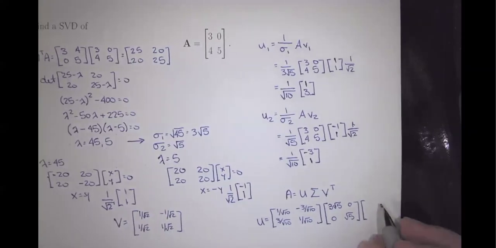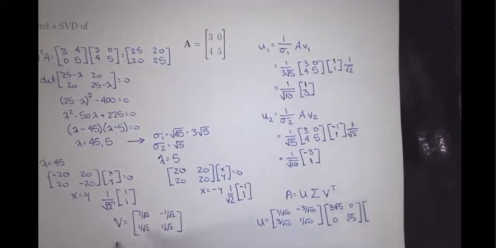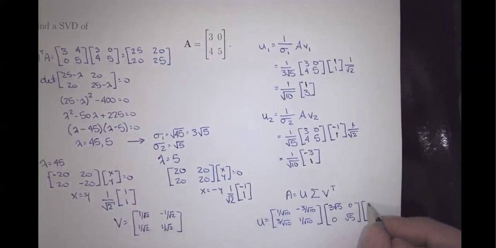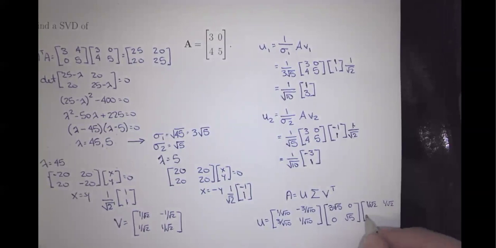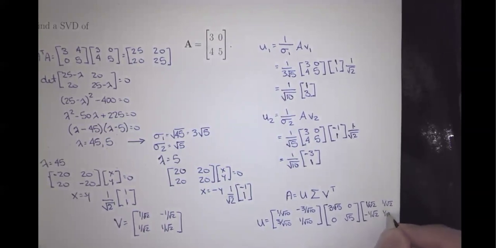And so V transpose then is going to be 1 over root 2, 1 over root 2, negative 1 over root 2, 1 over root 2.